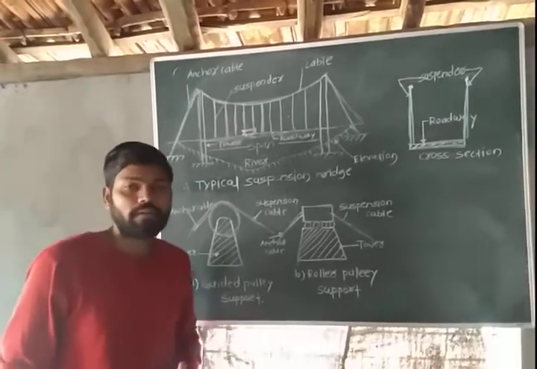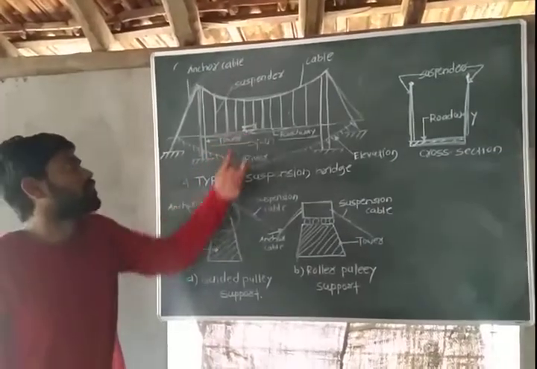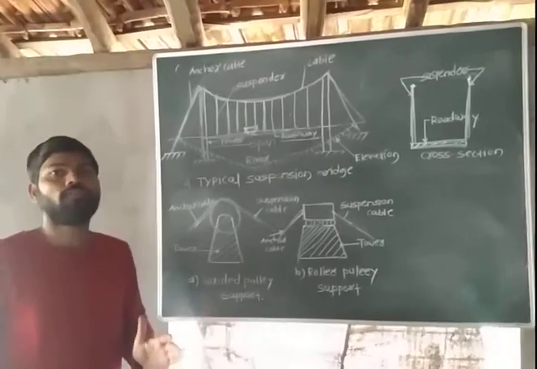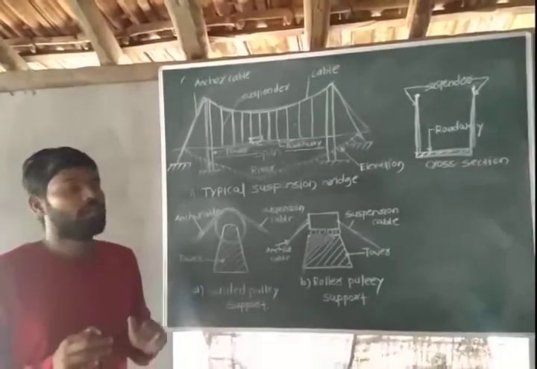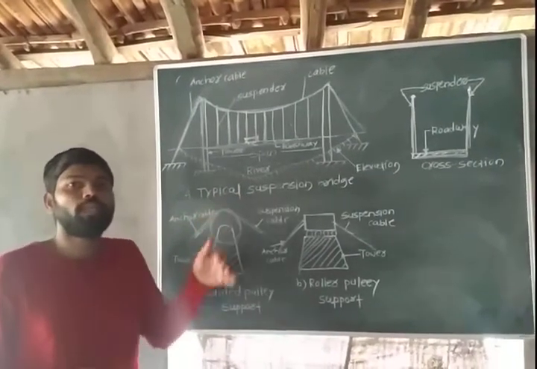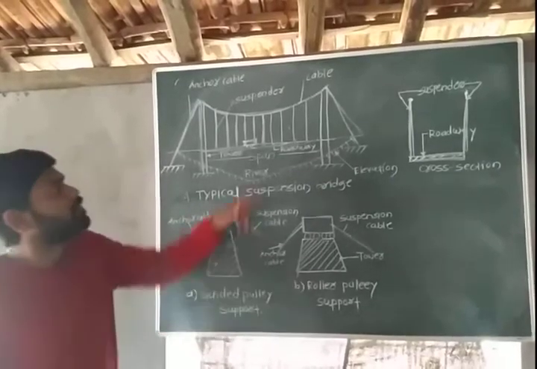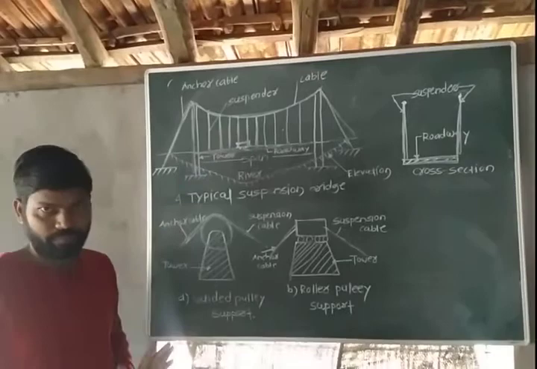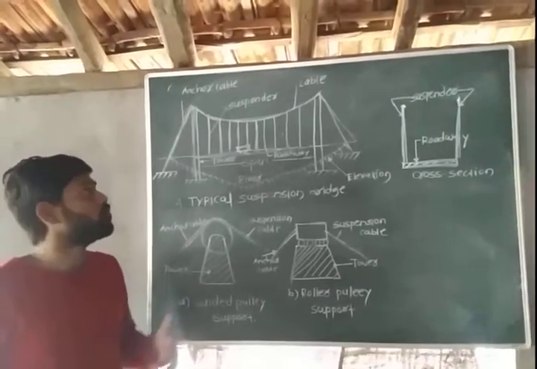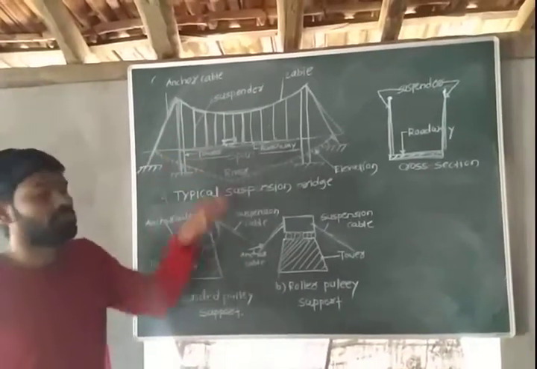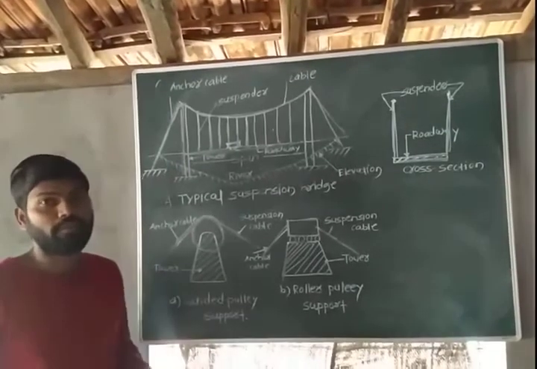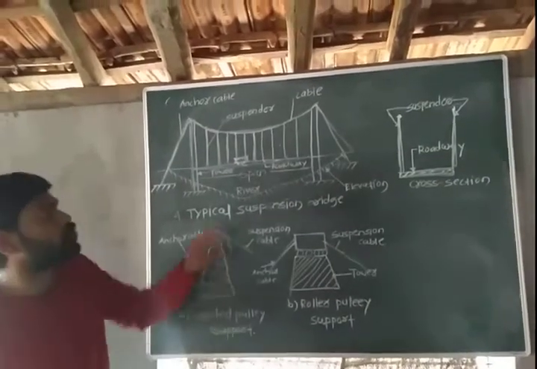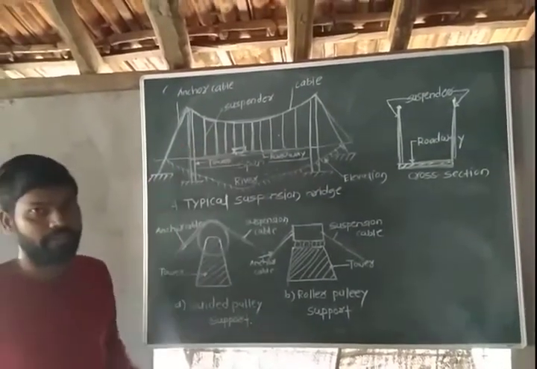Now suppose we have to construct this suspension bridge only for pedestrians. Then you can connect the suspender directly to the roadway. But suppose you have to design or construct the suspension bridge for heavy traffic movement, in that case you have to provide a stiffening girder here.